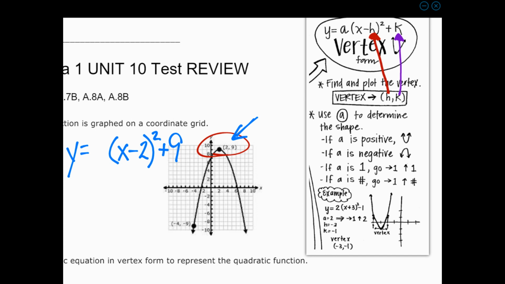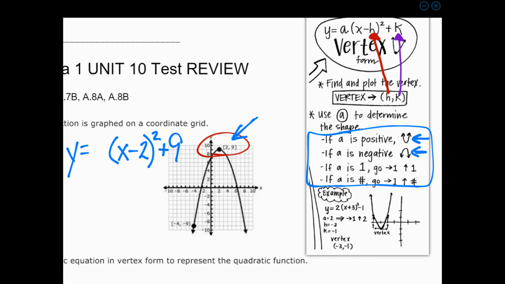So I'm using that. Now my a, okay, my a, I'm going to figure out by looking at the graph. I'm first going to determine whether or not my a needs to be positive or negative. Is my parabola going up or is my parabola going down? Down.